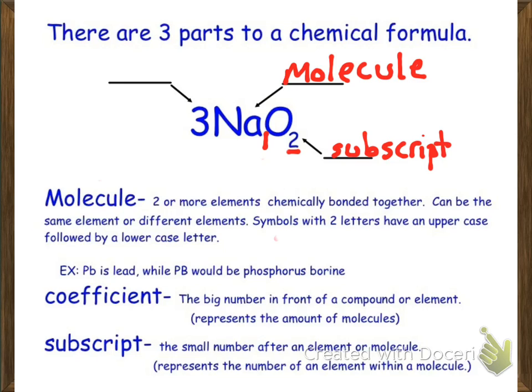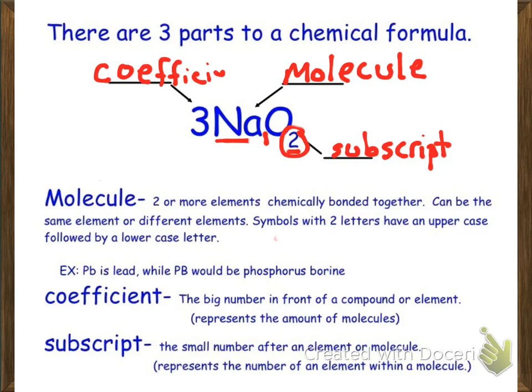They got tired of putting Na1, H1, and all those things, so they decided to just drop it and assume that if I have one sodium element, I just leave the subscript blank, and that just means there's one there. If we have anything other than that, like a 2, 3, or 27, we have to write it there. So this tells us that there is one sodium element, and then there are two oxygen elements.